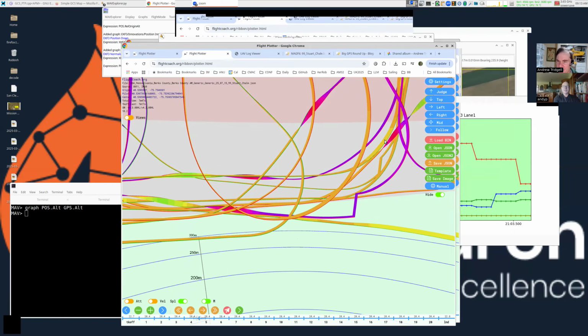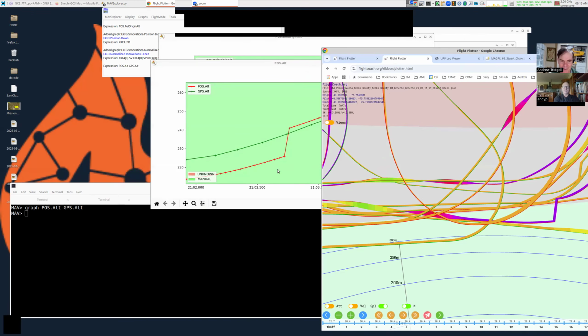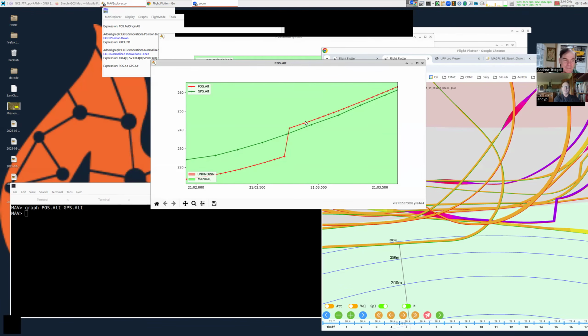ArduPilot thought it was right, even though the GPS was tracking up smoothly here. ArduPilot was saying, that's not right, all my other sensors, the IMU and the compass, are telling me I'm actually going down here. Then eventually the EKF said, actually maybe the GPS was right, and it comes back and jumps back. Okay.